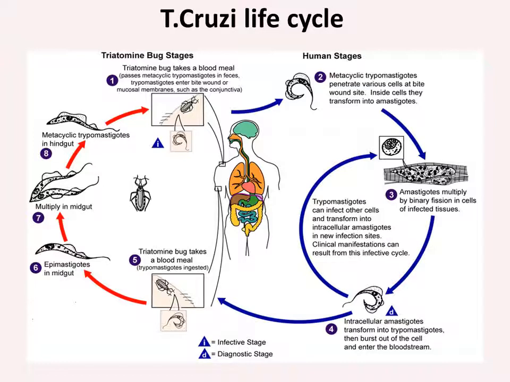Many cells can be affected, but myocardial, glial, and reticuloendothelial cells are the most frequent sites. Trypomastigotes which enter the blood are taken up by the Reduviid bug again.